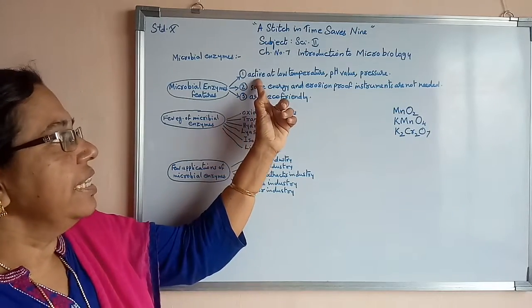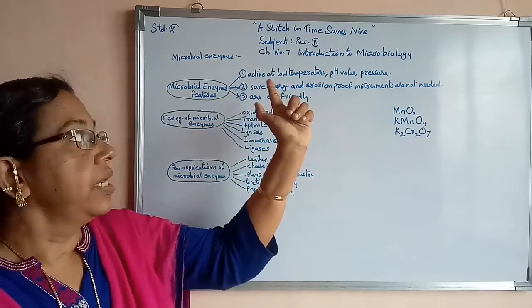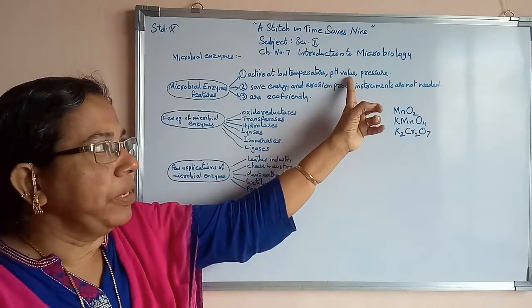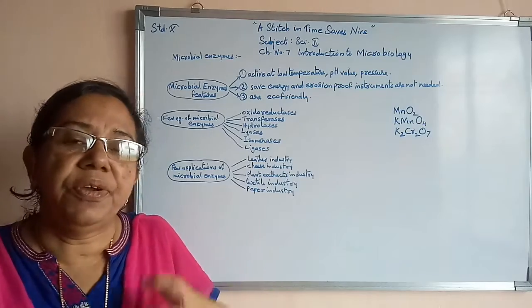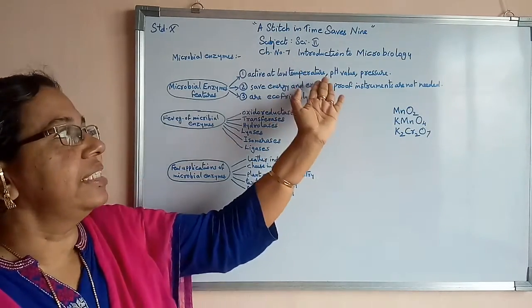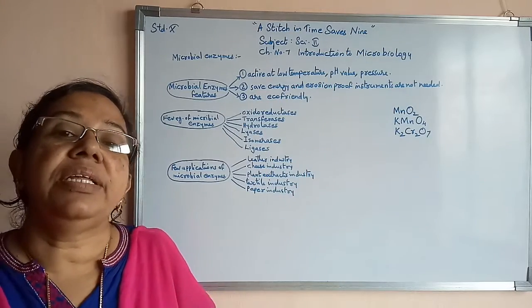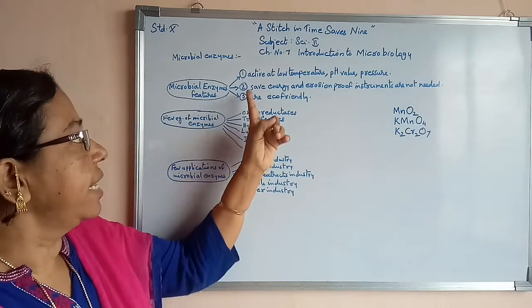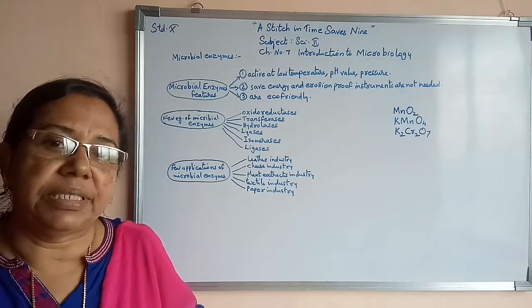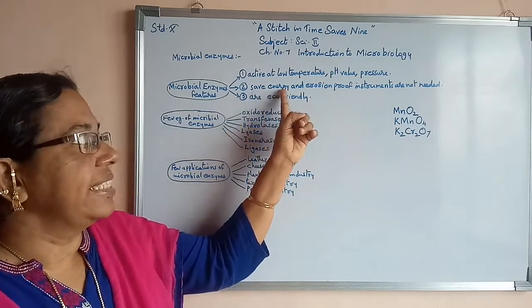First, they are active. They will function even at low temperature, low pH value, and low pressure. Even with less pressure, less pH value and less temperature, they can function.